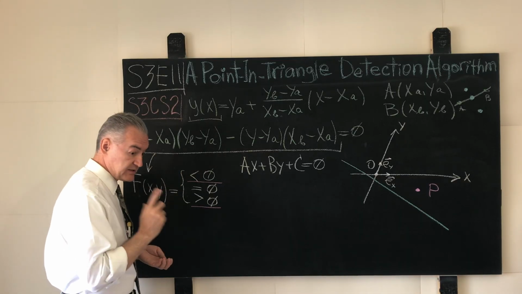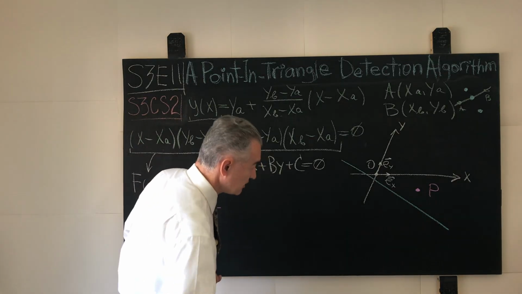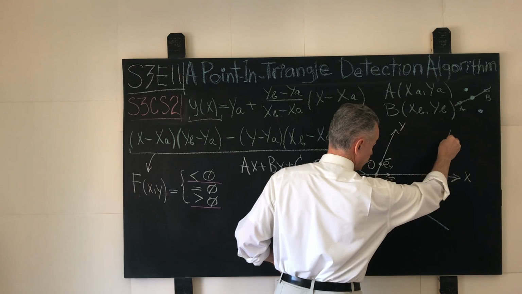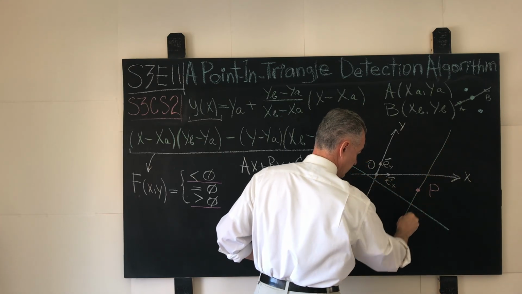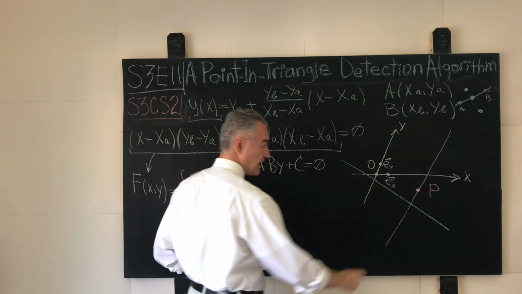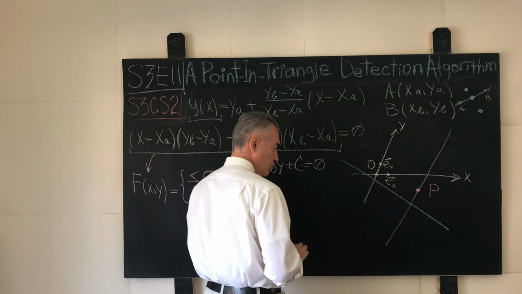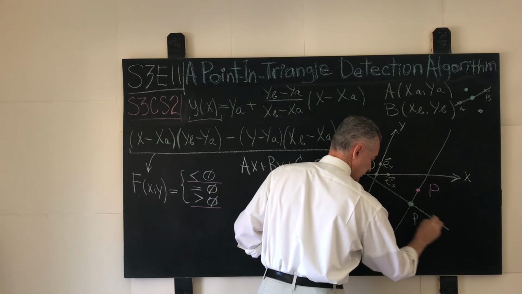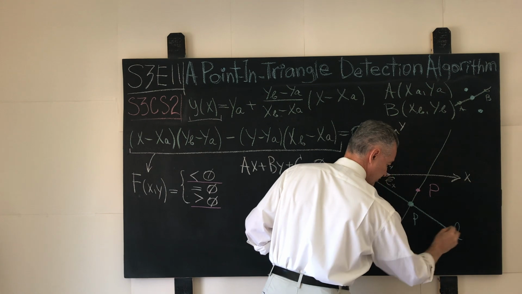Well, the basic idea here is the following. We construct a straight line that is parallel to the y-axis. You see, parallel to the y-axis. That straight line will intersect our line at a point over here, and let's give a name L to this straight line.